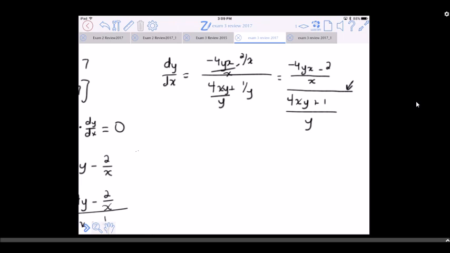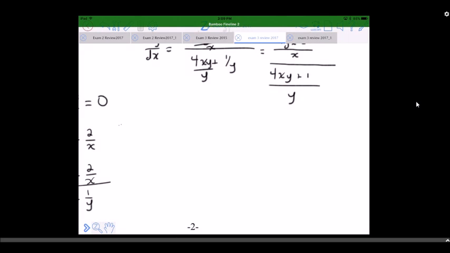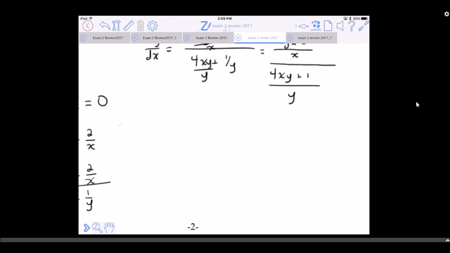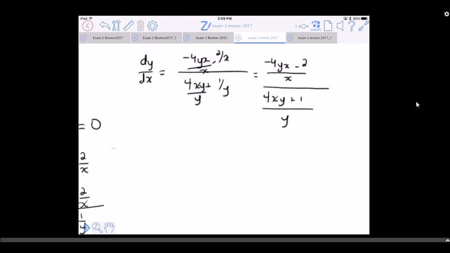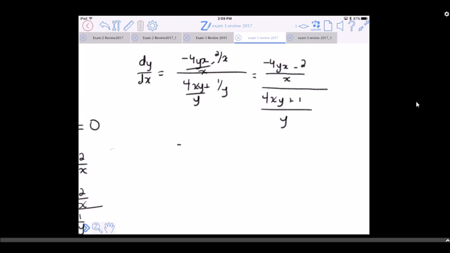Now this fraction bar really means divide, and when you divide two fractions, you can multiply by the reciprocal here. So I'm going to change this to a multiplication problem, so negative 4yx minus 2 all over x multiplied by the reciprocal here of y over 4xy plus 1.